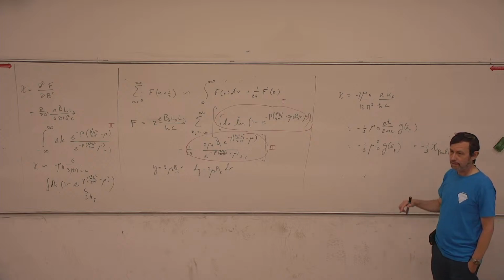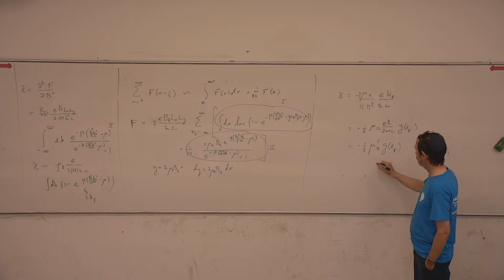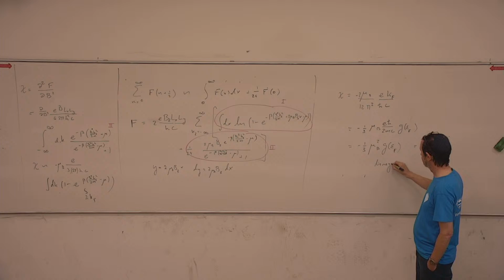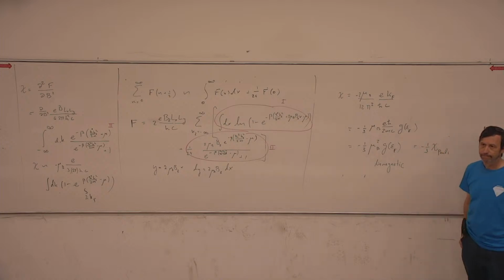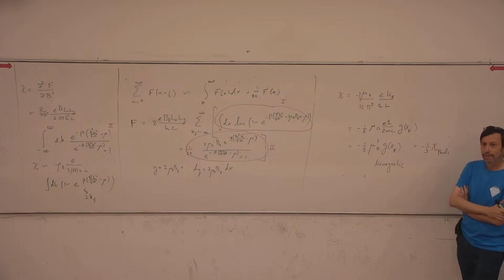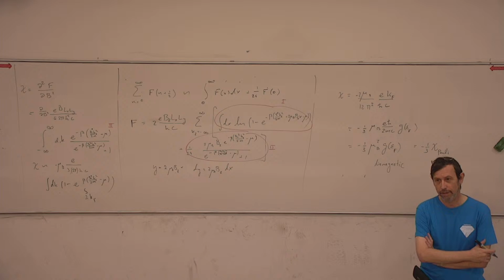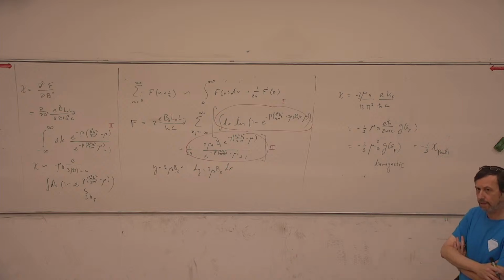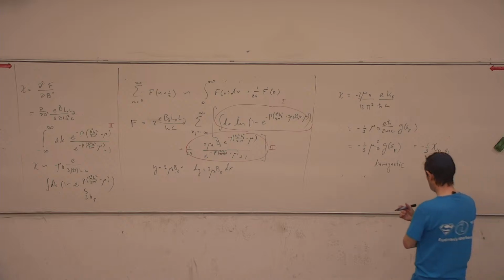This is, first of all, diamagnetic. And second of all, it's minus a third the value of the contribution from the spin, from the Zeeman effect, Pauli, which we did in the previous lecture.